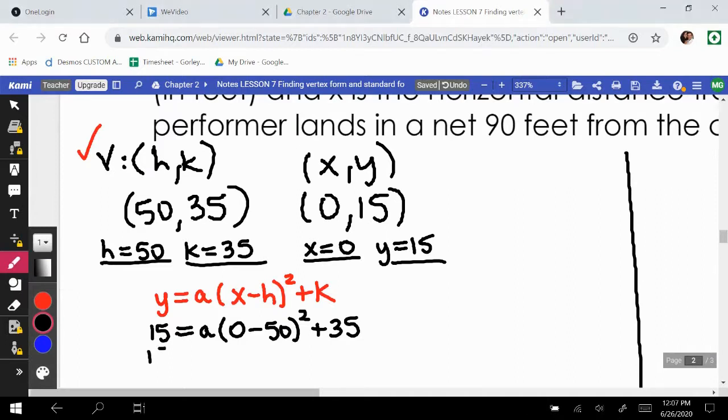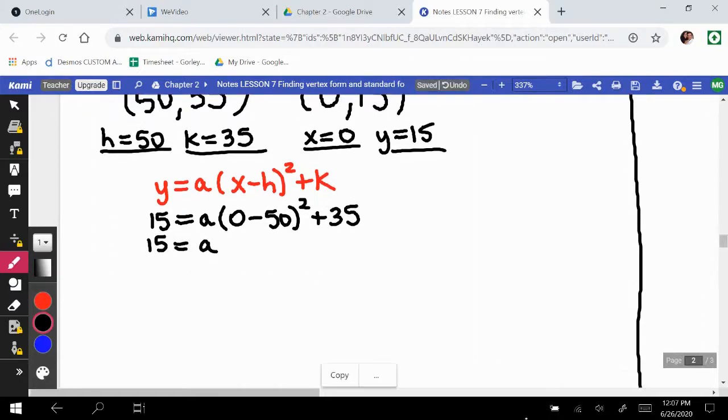I'll have 15 equals a. I'm going to simplify what's inside the parentheses. Now, as far as order of operations, we're thinking PEMDAS, so I want to make sure I simplify any exponents before I do multiplication.